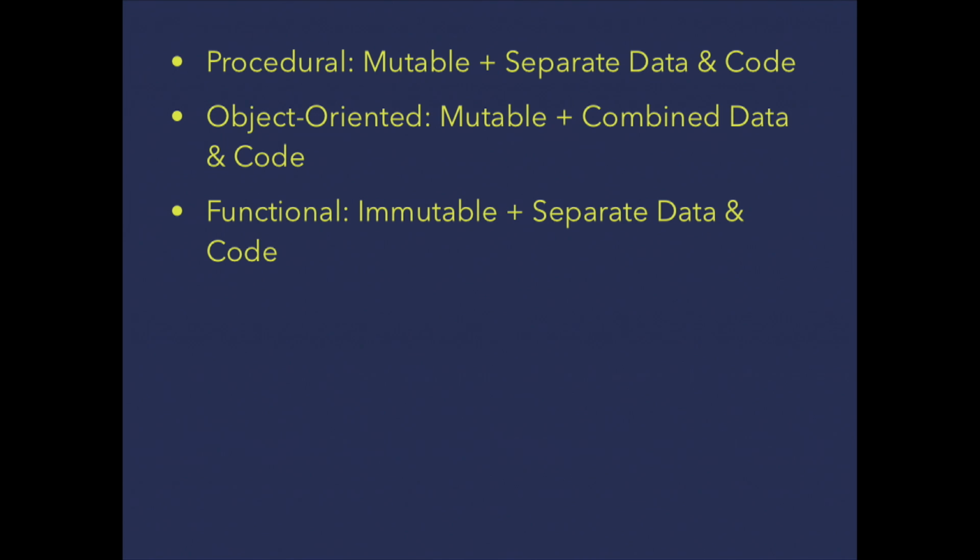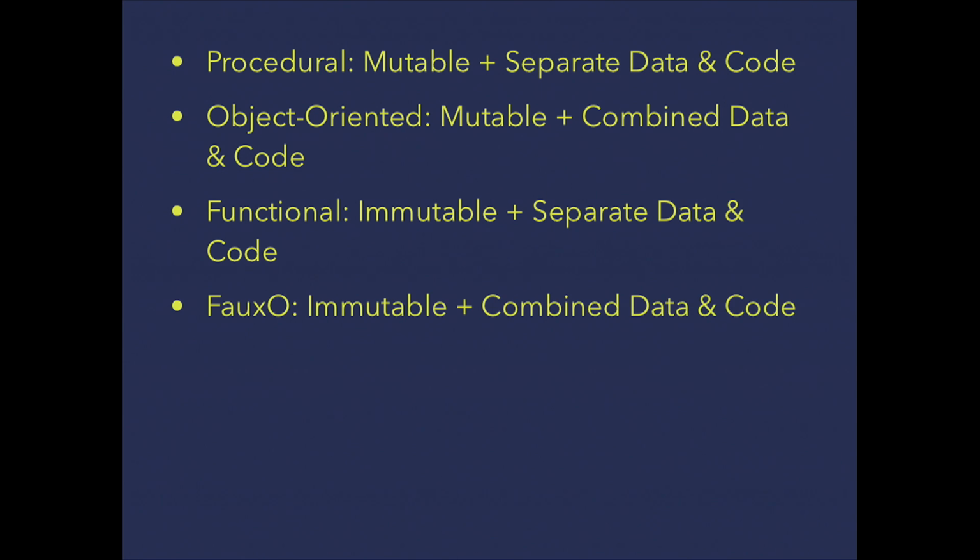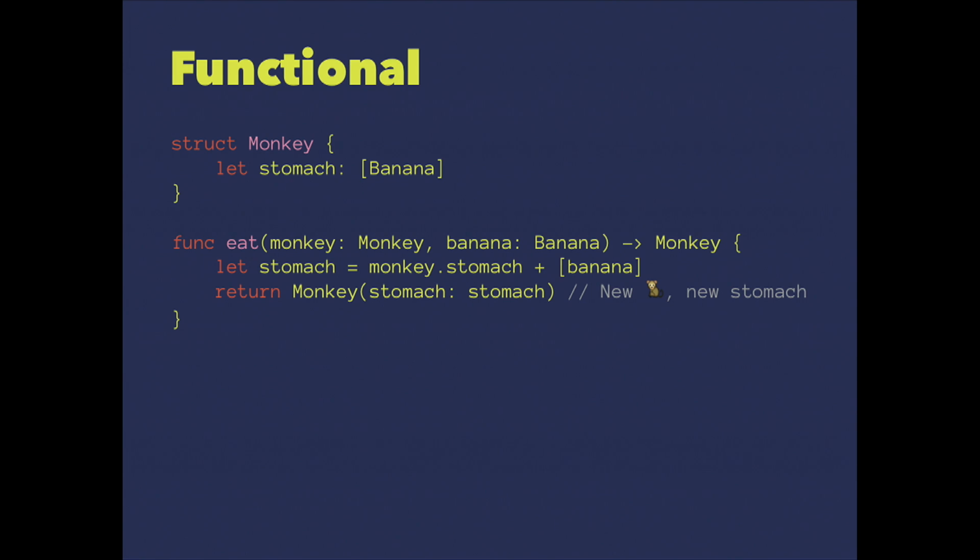One of the things that we liked about the object-oriented approach is that things make sense to us in a real-world sense. And so there's a concept that Gary Bernhardt has talked about a little bit called FOO, where we can have immutable data, and we can have combined data and code. And FOO brings us back to our object-oriented brother a little bit, while still adapting the functional mentality. So here's what we had for our functional example. We had a monkey, and we had this eat function, and they lived apart.